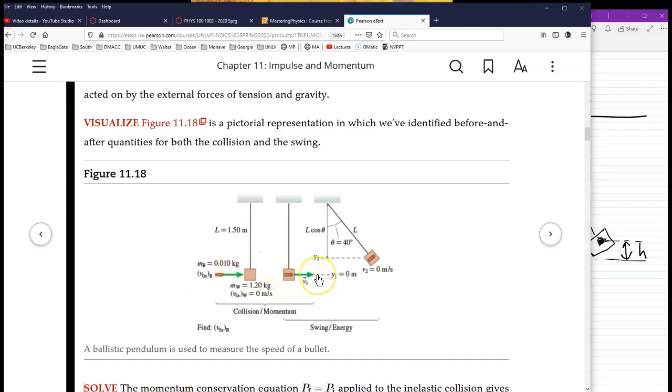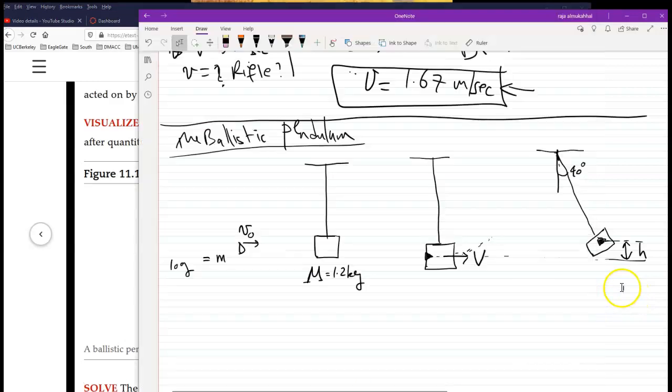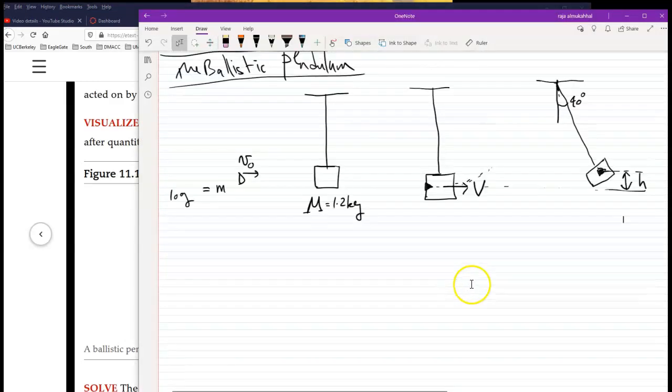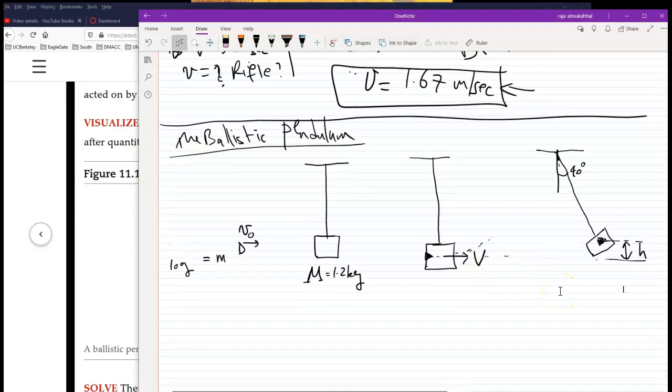This is the common velocity that I call big V. He calls it V1, I like big V. Then it rises up some height H. It's not shown here. With this information, I want to find the speed of the bullet. Remember, H is not given to us.